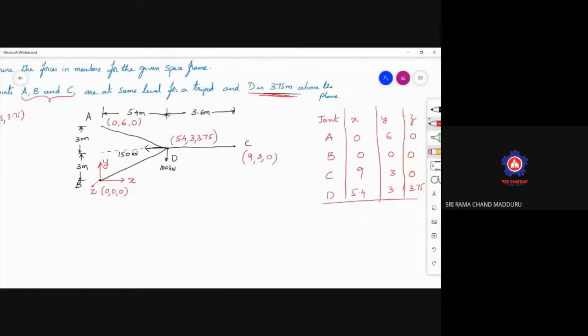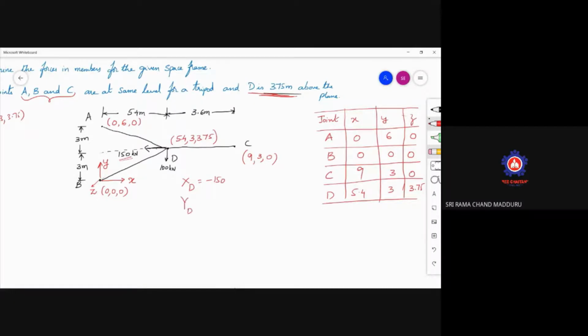Now this is the coordinate system that is prepared. X, Y, Z, A, B, C. The coordinates you got. After that, you just understand here at D, there is along the x-axis in the negative direction 150 kilonewtons. That is capital X D is nothing but minus 150.